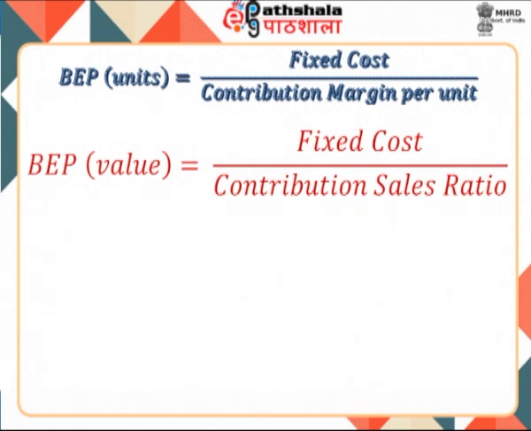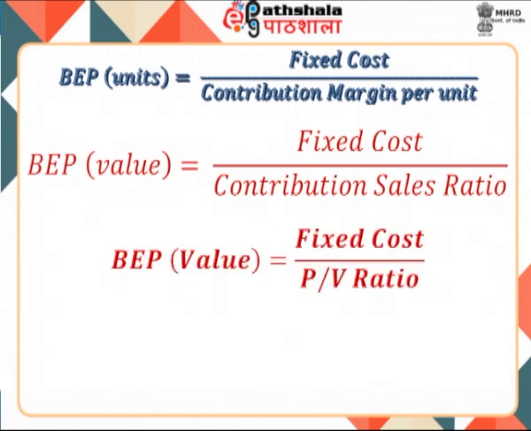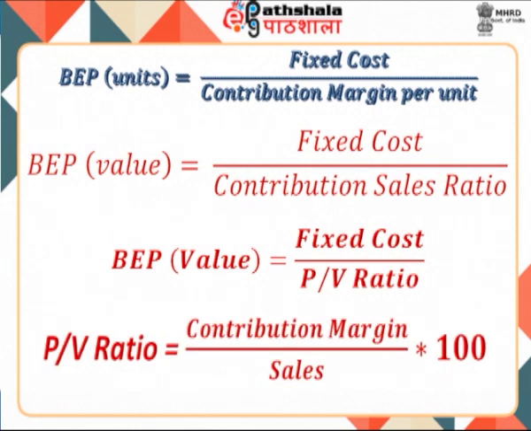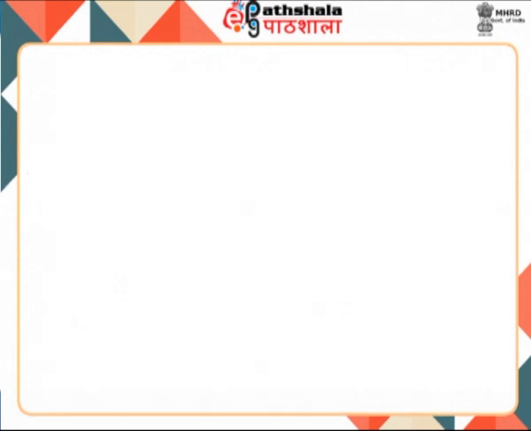We can also say that break-even point in value is equal to fixed cost divided by PV ratio, that is profit volume ratio, where contribution sales ratio or PV ratio is equal to contribution margin divided by sales multiplied by 100.